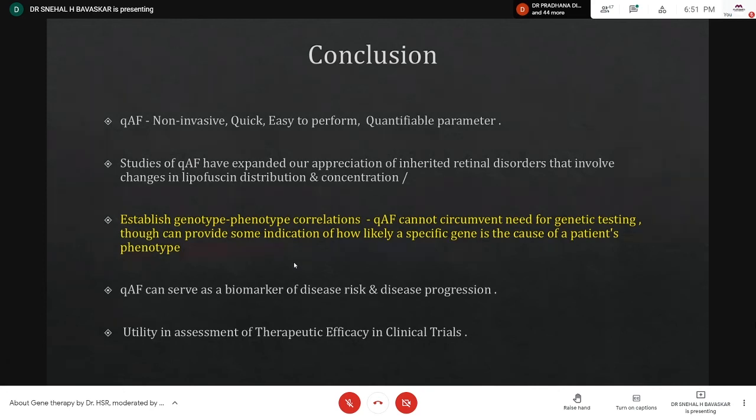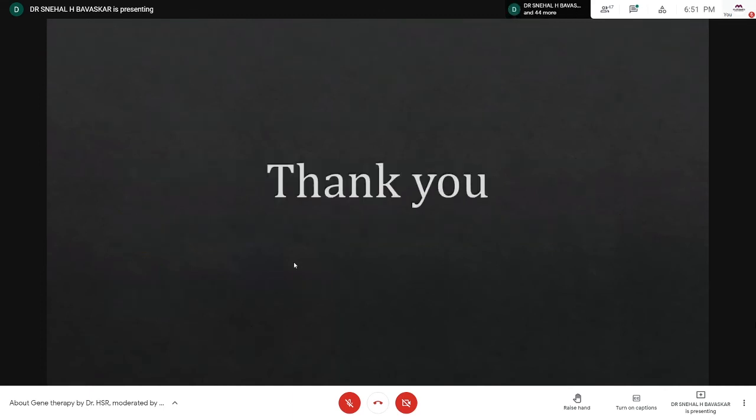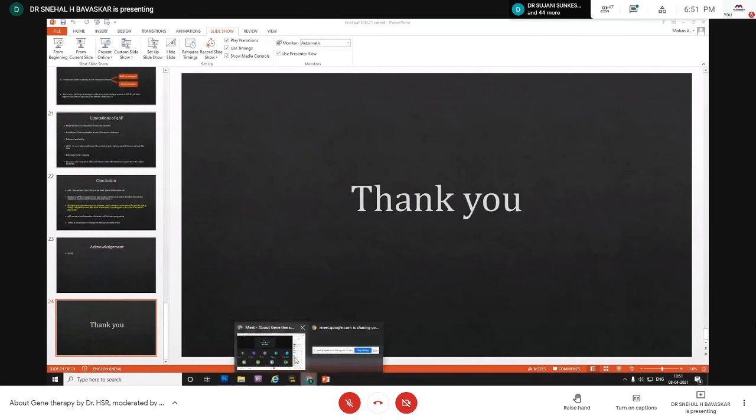However, it cannot circumvent the need for genetic testing, though it can provide some indication of how likely a specific gene is the cause of a patient's phenotype. It can serve as a biomarker of disease risk and progression, and there is utility in assessing it as an outcome measure in clinical trials. Thank you. Thank you, Sujay.